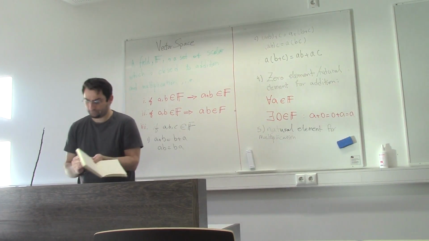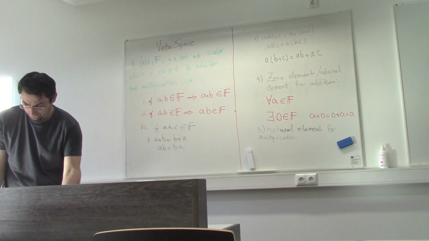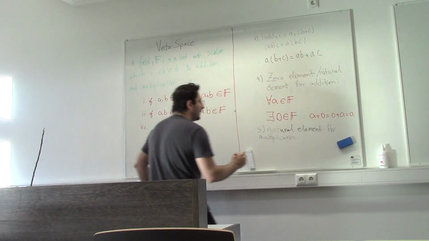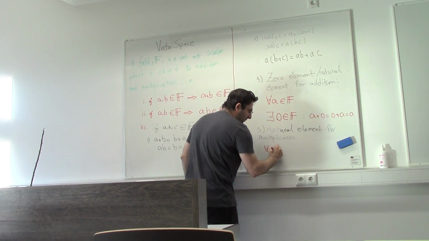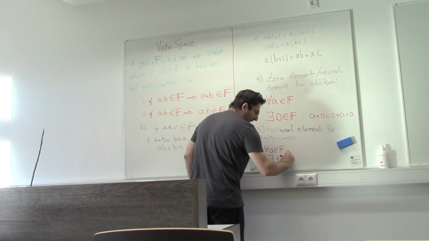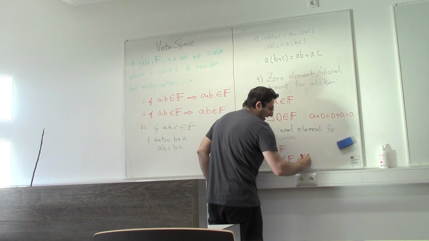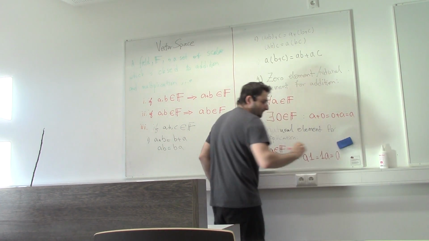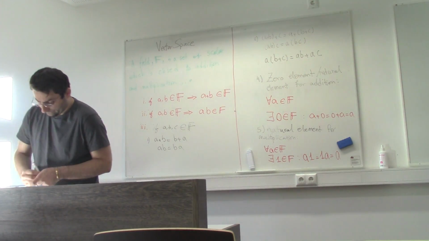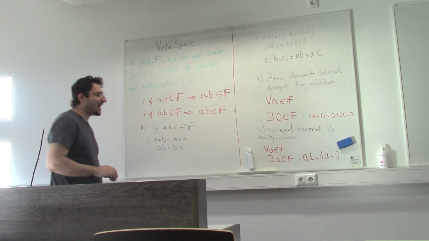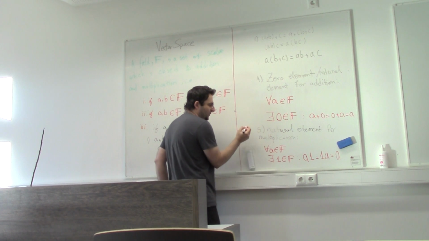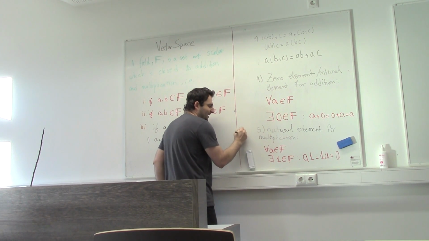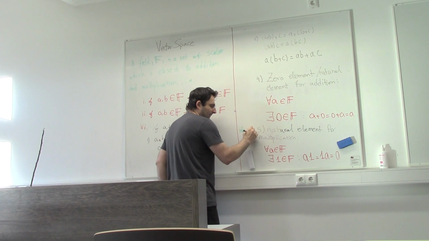We can say for any A belonging to F, there exists a 1 belonging to F in a way that A multiplied by 1 is equal to 1 multiplied by A is equal to A. This natural element for multiplication is also called identity element.